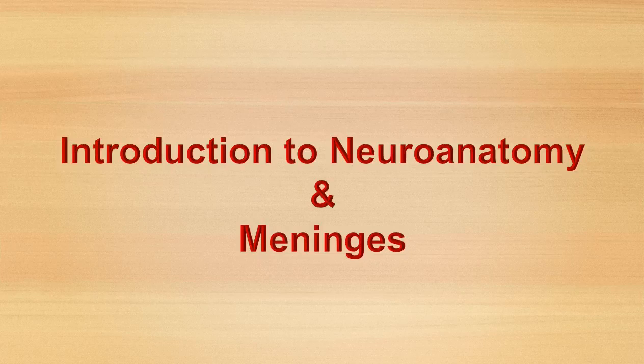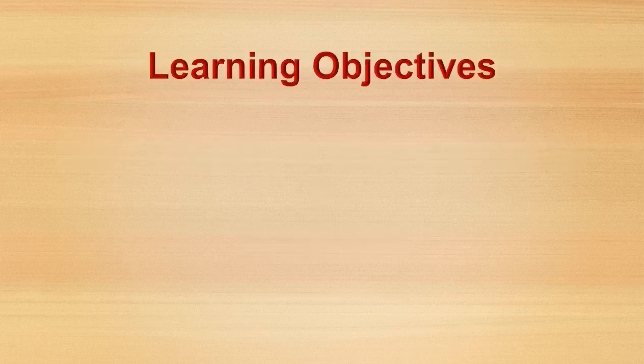We are starting with a new region, that is neuroanatomy or the brain. In this lecture, I will be discussing certain basic concepts and parts of the brain, followed by the meninges.